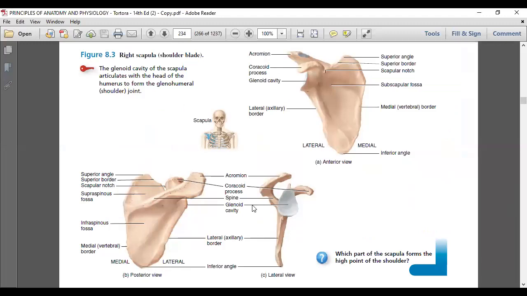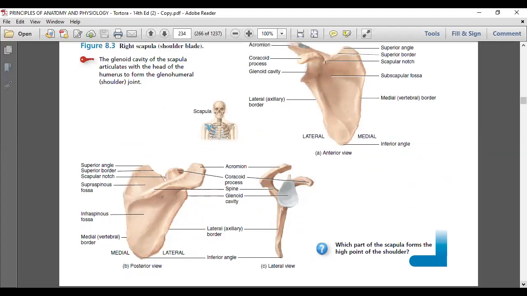Okay, the glenoid cavity. We said that above the scapula a ridge-like spine is present. The spine continues as the acromion process. We said, isn't it? This is the acromion process. From another angle, below the acromion process, we'll find the glenoid cavity. The ventral side, the dorsal side. That means above the shoulder, we'll find the ridge-like spine, and then that will continue as the acromion process.